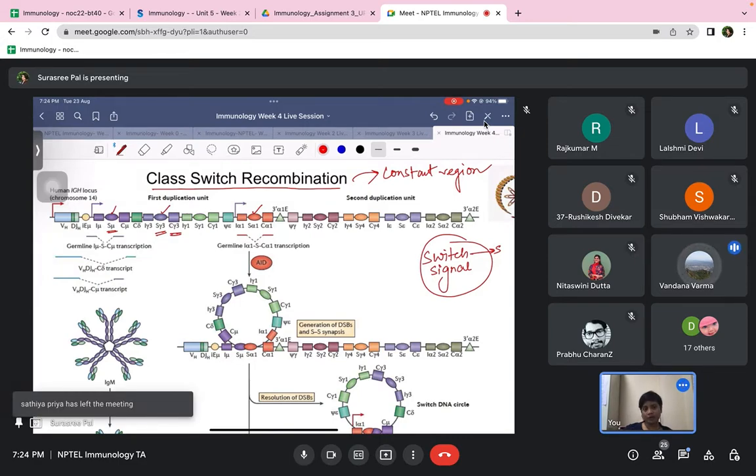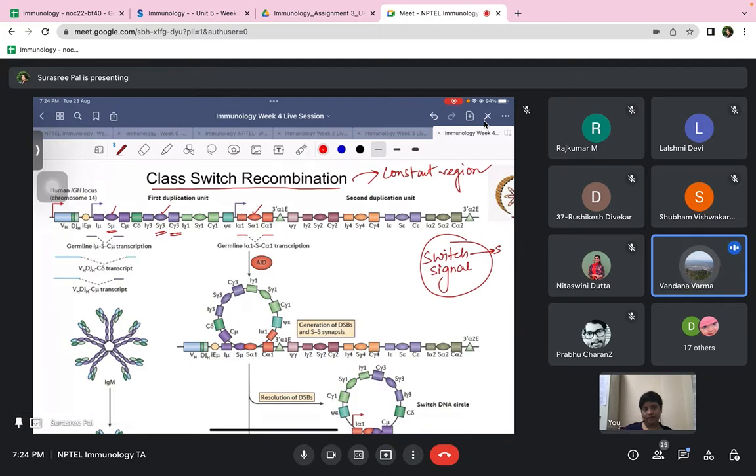So what was the enzyme responsible for VDJ recombination? There were two, one enzyme forming dimers. Yes, RAG1, RAG2. Exactly, very good. So RAG1 and RAG2 form this dimer, and they are the principal enzymes which help in VDJ recombination.